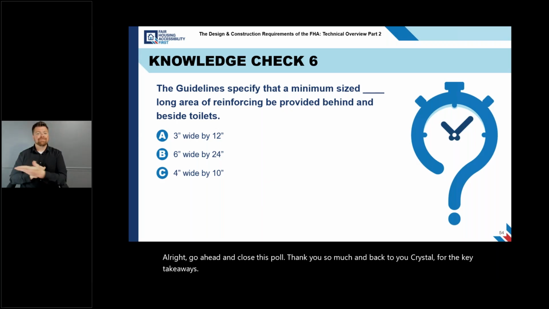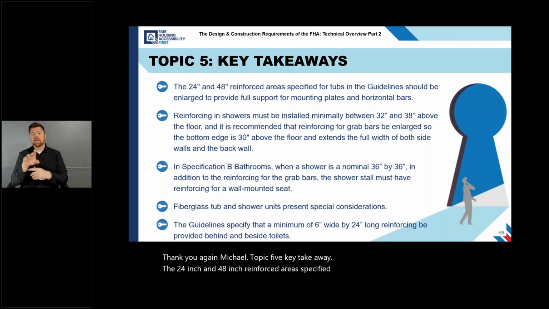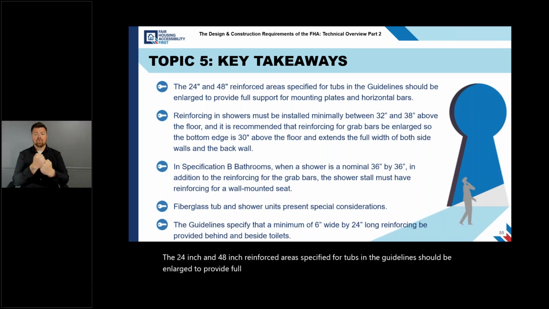Thank you again, Michael. Topic 5, key takeaways. The 24-inch and 48-inch reinforced areas specified for tubs in the guidelines should be enlarged to provide full support for mounting plates and horizontal grab bars.